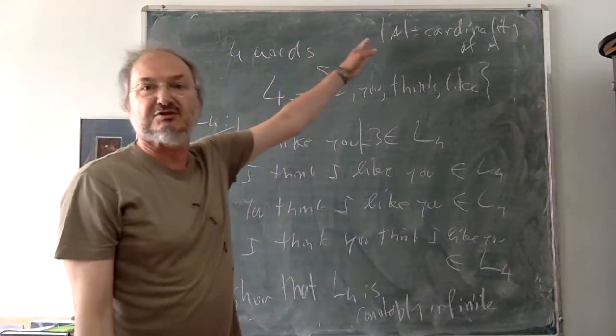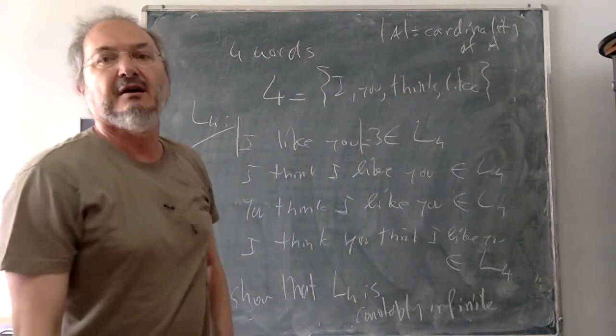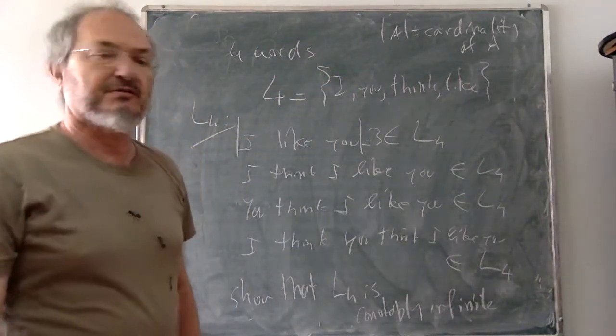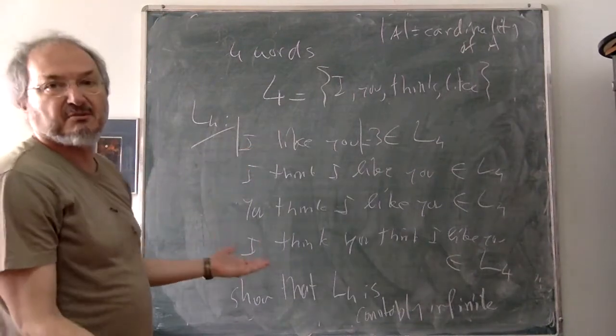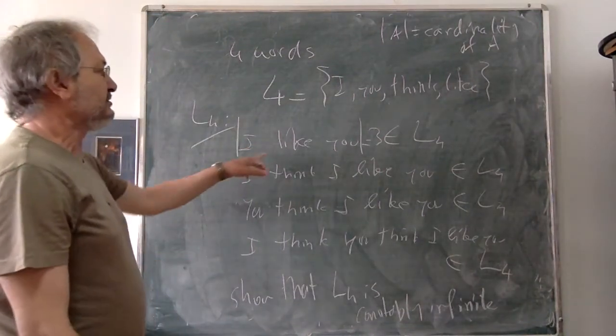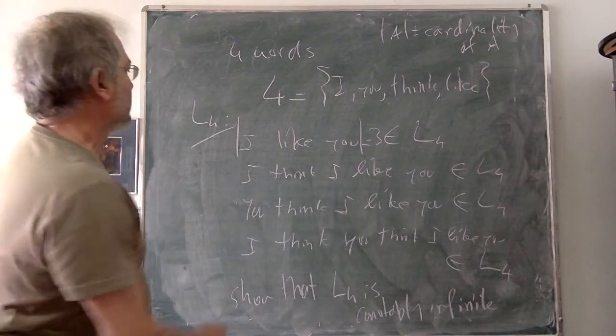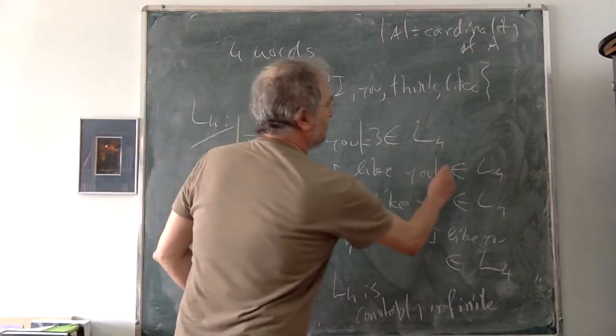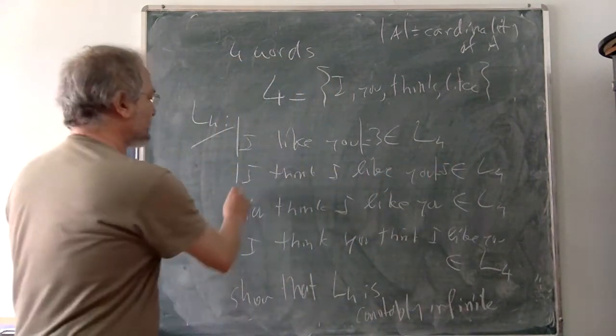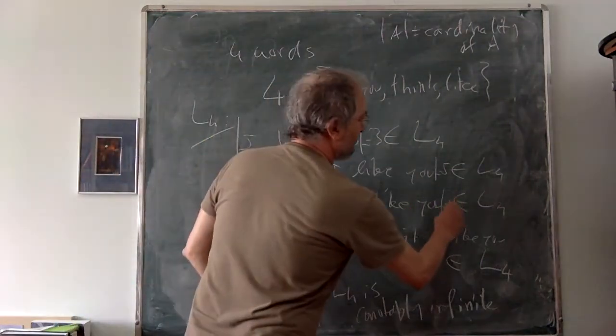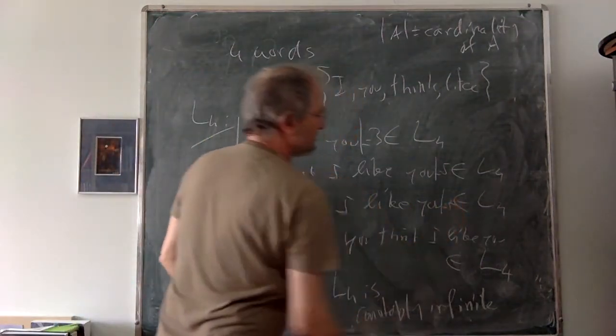This notation makes no sense for an infinite set, but it's fine for finite sets, and the expressions themselves are finite. So the size of this is 3. The size of that is 5, but the size of that is also 5. So you begin to see this.